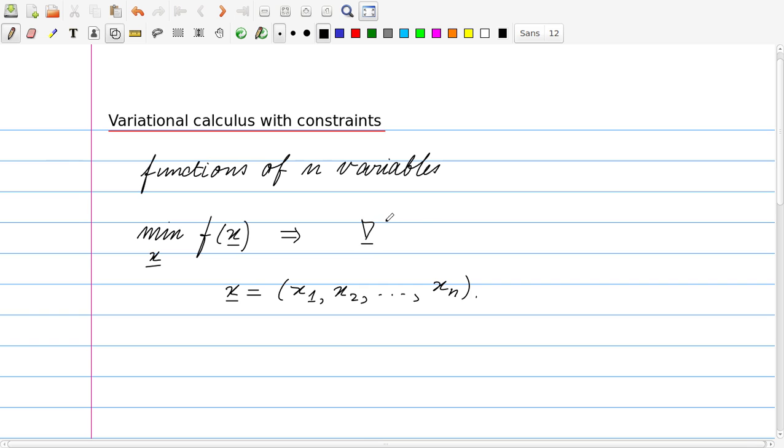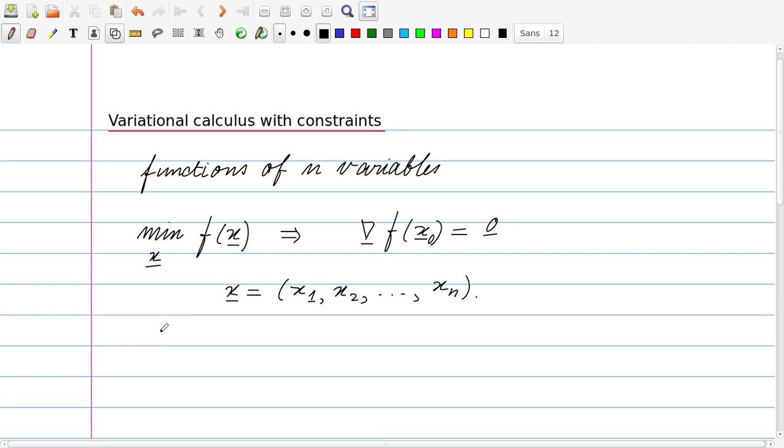The gradient of f gives us a vector, one component for each component of x, and at the minimum, which I indicate by the vector x sub 0, we see that the gradient is 0 for each component. That's a standard variational problem.